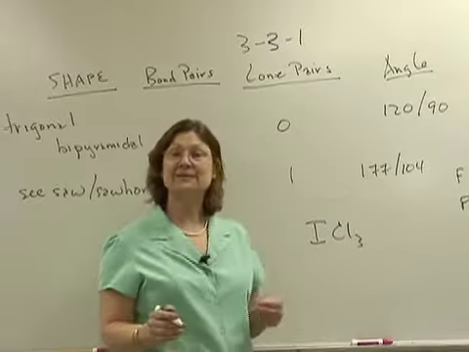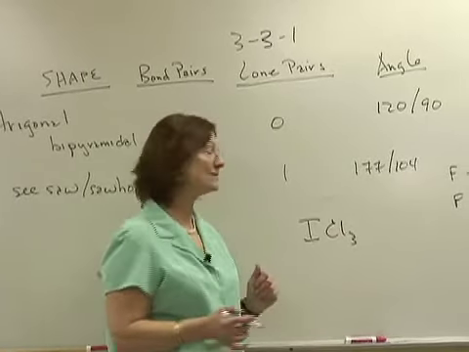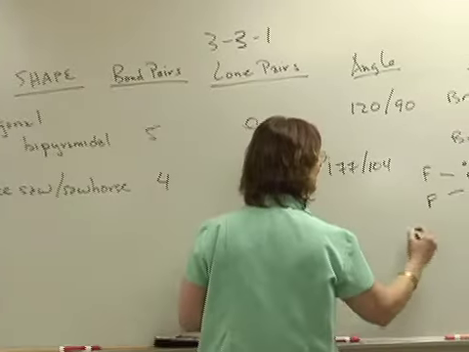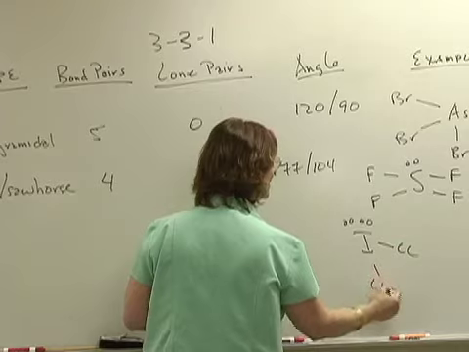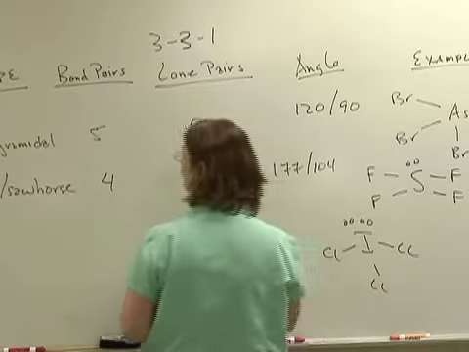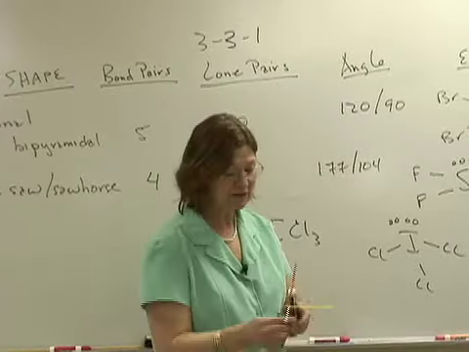And iodine has 7 valence electrons, and 3 of them will be used for the chlorines. And therefore, I am going to have 2 lone pairs and 3 bond pairs. And you're going to know what this shape is called.